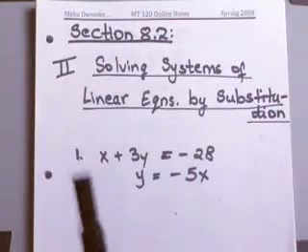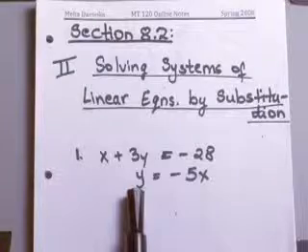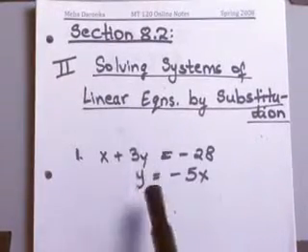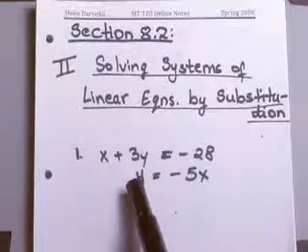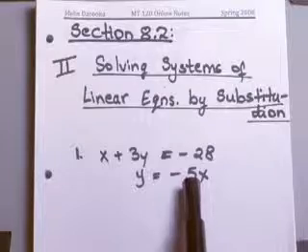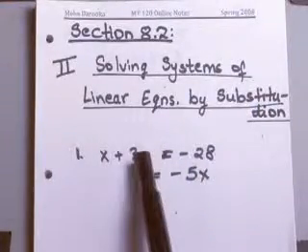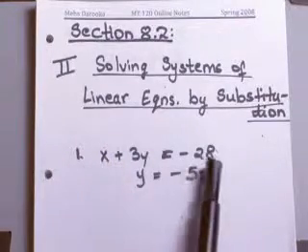As you can see, our second equation is already solved for y. So we will take this y equals negative 5x and substitute this value into our first equation for y, and we will then solve our problem.